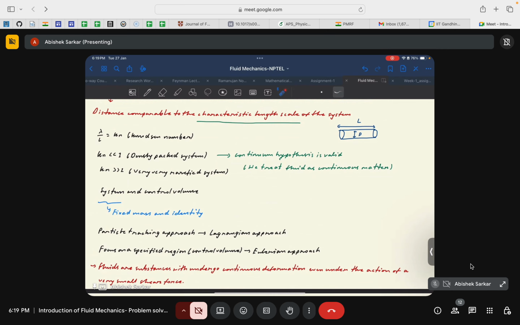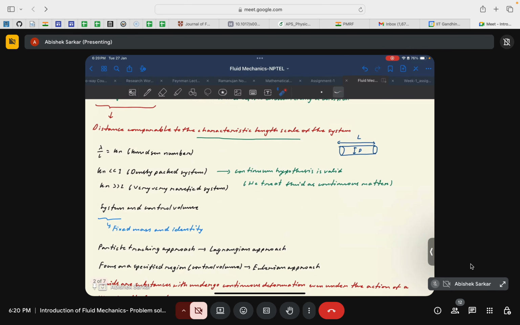As mentioned in the lectures, a system would be a scenario where the mass and the identity of the fluid is fixed. For example, let us take again the case of a pipe itself, since we are repeating it.